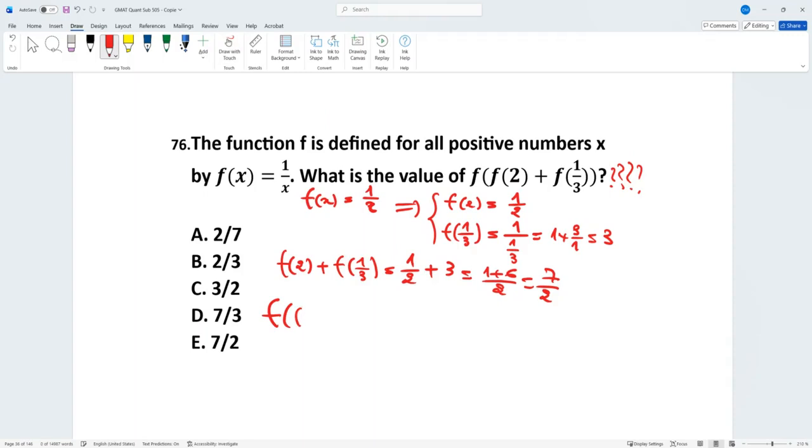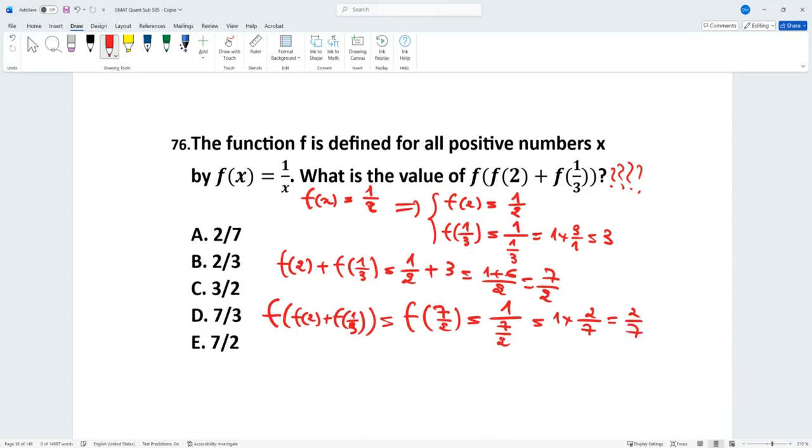The question is to find f of (2 plus f of 1 over 3), which is equal to f of 7 over 2, which is equal to 1 over 7 over 2, which is equal to 1 times 2 over 7, which is equal to 2 over 7.